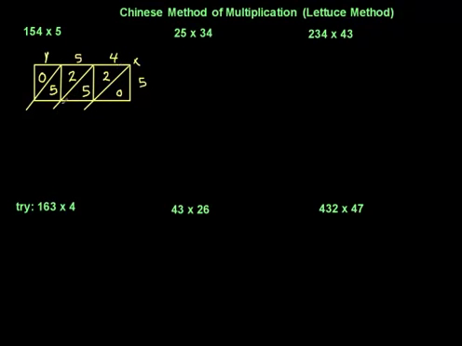All you got to do now is add the contents of each diagonal. So I've got 0 here. 2 add 5 makes 7, and 2 add 5 makes 7. Now that 0 is on its own, so my answer for this question is 770.